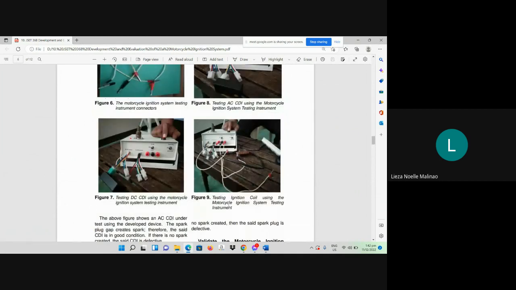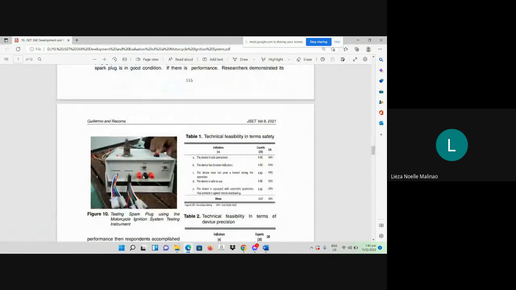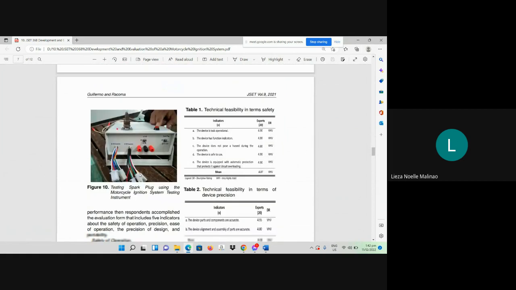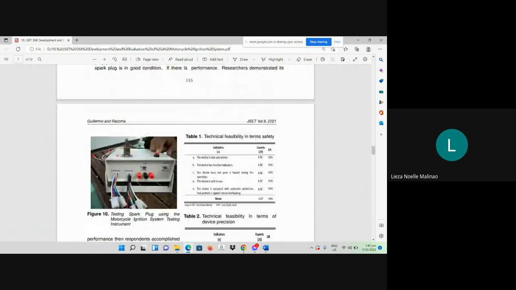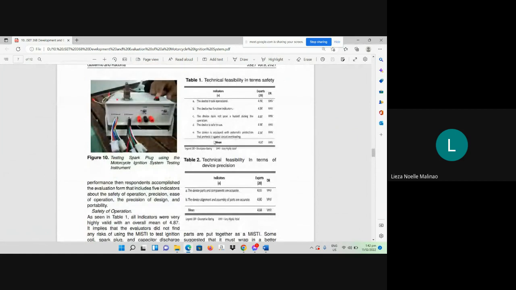After presenting the technology they developed, the authors presented the results of the evaluation. Table 1, technical feasibility in terms of safety. Table 1, table 2, and what are these numbers, 4.90, 4.80.